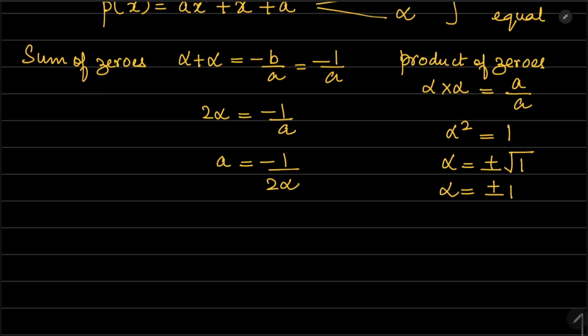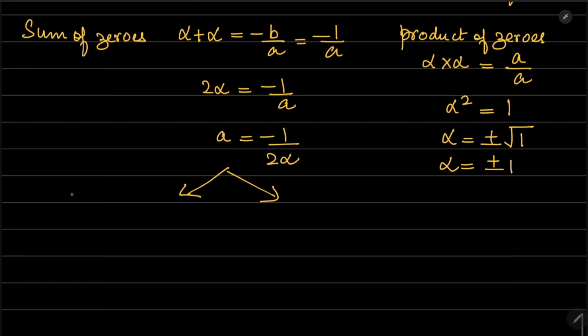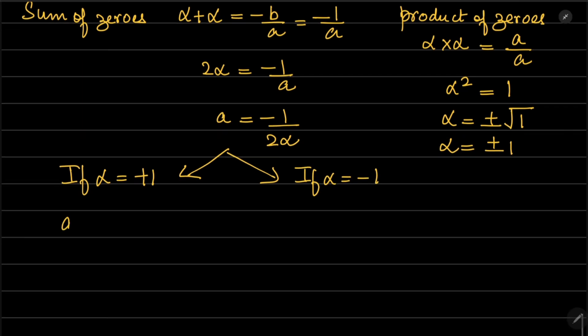So you have two scenarios. You have to calculate the value of a. If alpha is equal to plus 1, what will be the value of a? And if alpha is minus 1, what will be the value of a? So a is equal to minus 1 divided by 2 into 1, which is nothing but minus 1 by 2.